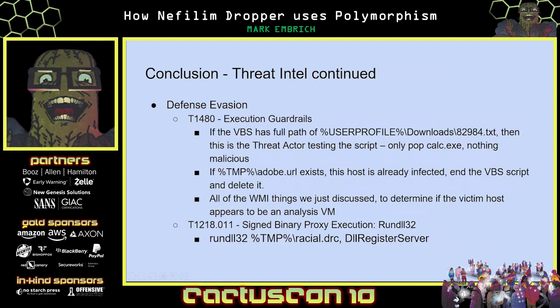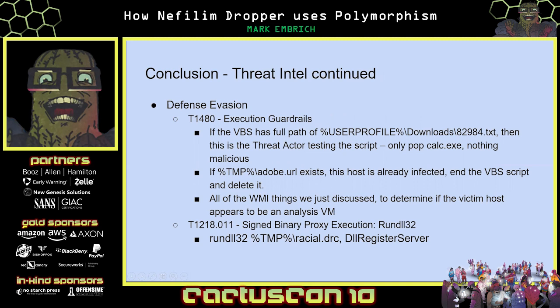There were also techniques that fit under defense evasion. There were execution guardrails. Remember the specific file name that the threat actors used for testing. If the VBS file was named 82984, then don't run the DLL, just pop calc. We also have the adobe.url mutex. If the mutex is already there, don't run the DLL.